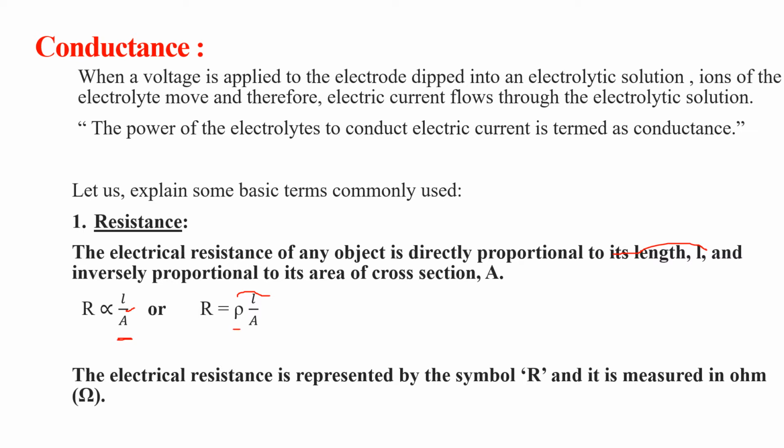So R will be equal to rho L upon A. The electrical resistance is represented by the symbol R, and it is measured in ohm, and the symbol for ohm is this.